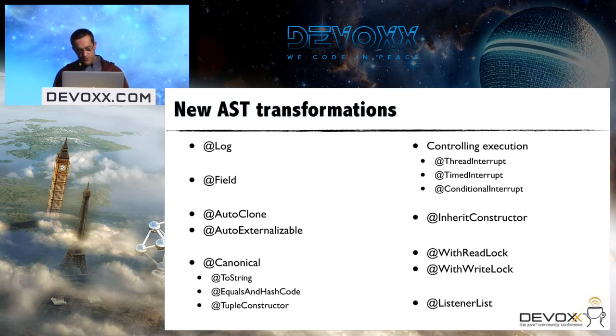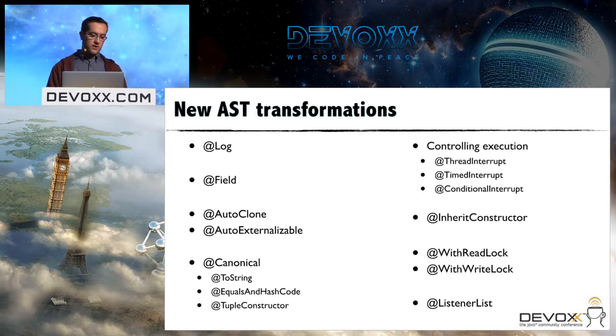A key aspect of Groovy, especially since Groovy 1.6, is that the AST transformation concept was introduced in Groovy 1.6. AST stands for abstract syntax tree, so that's the internal, in-memory representation of a Groovy program before we actually generate the class bytecode.